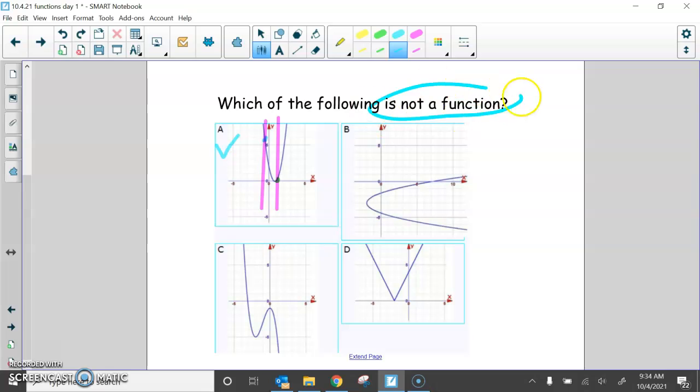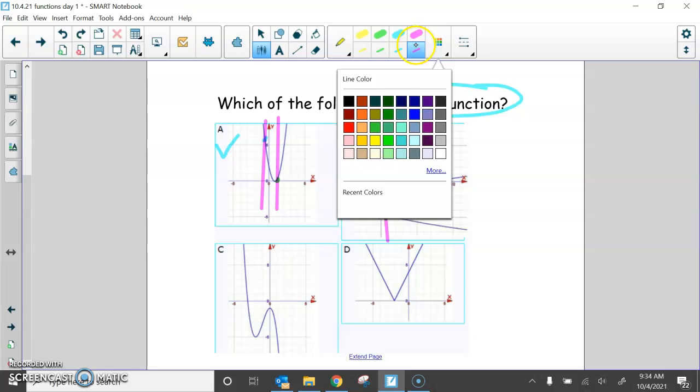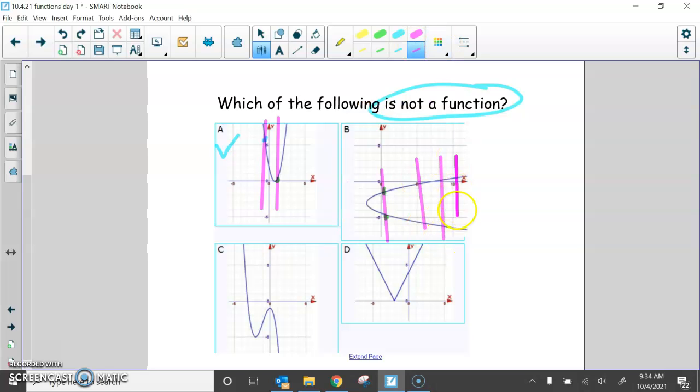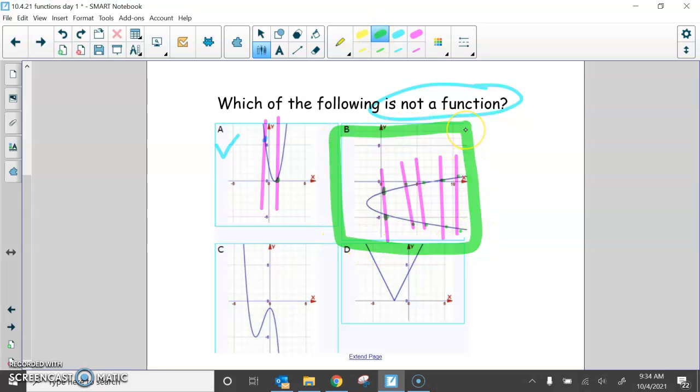Remember, we're finding which one is not because of the directions. So B, if I draw a vertical line, it crosses twice right away, once there and once there. So it doesn't matter where I draw the vertical line for this problem, it's always going to cross more than once. So because of that, this is your answer. B is not a function.